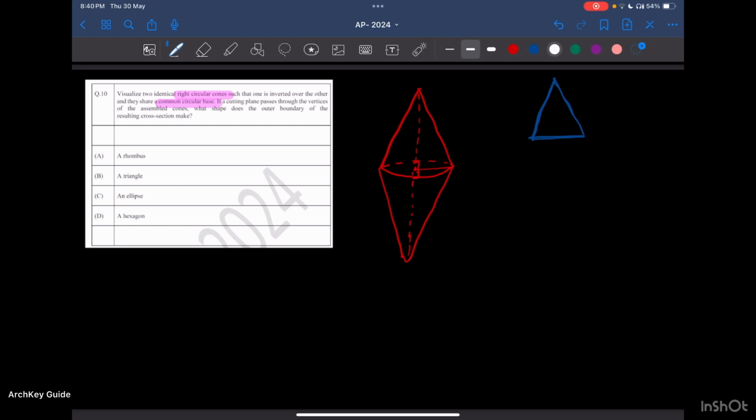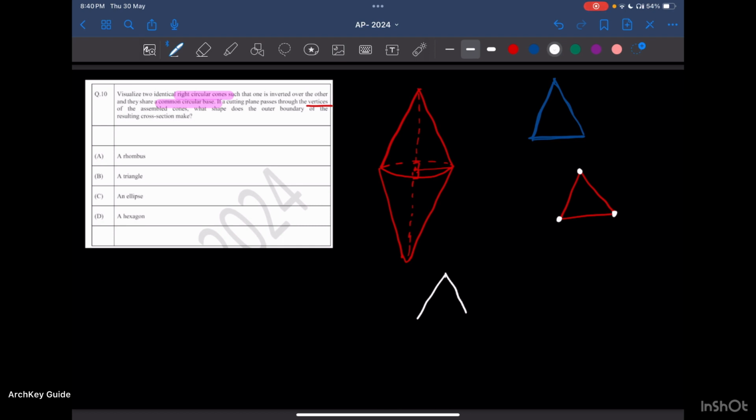If a cutting plane passes through the vertices, interesting. What is a vertex? How many vertices are there in a triangle? Answer this question. There are three vertices, as in 3 points, right? If there are three vertices in a triangle, how many vertices would be there in a triangular prism?